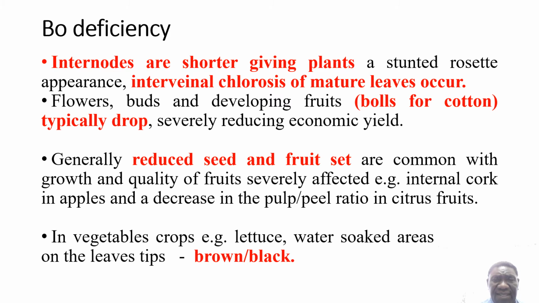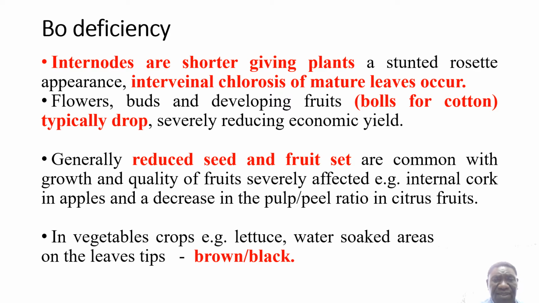Generally reduced seed and fruit set are common, with the growth and quality of fruits severely affected. For example, internal cork in apples and a decrease in the pulp peel ratio in citrus fruits.